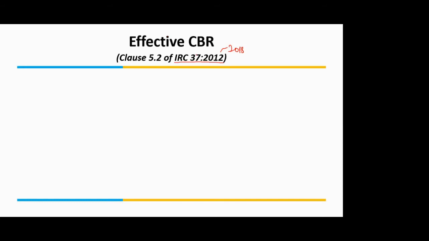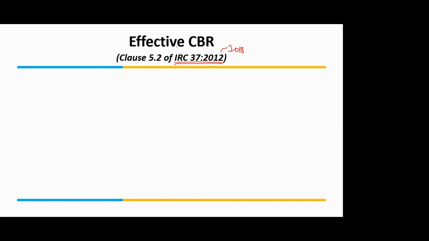I'm also sharing this code with you. Your job is to go to that code and read that specific clause, so that you get detailed information about that aspect of design, because I can't include all the theory given in the clause in the presentation. I have just taken the main points here.